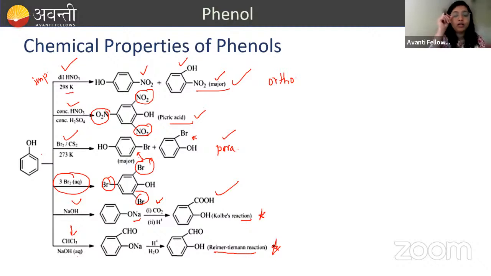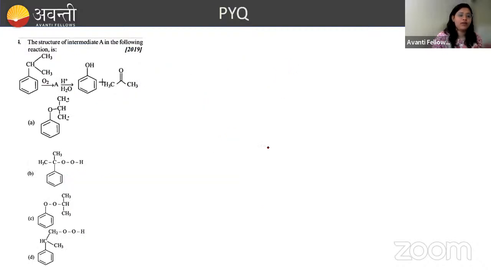Reimer भी बोल सकते हो आप, Reimer-Tiemann reaction, in which there is a formation of CHO, that is aldehyde. In the preparation of aldehydes, we have seen this Reimer-Tiemann reaction. Very, very important.